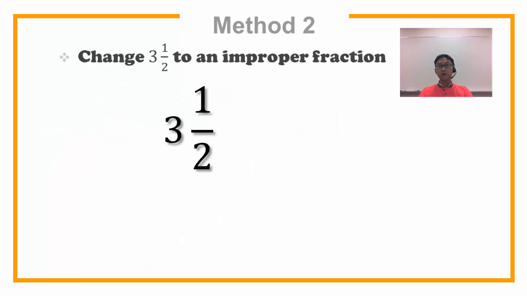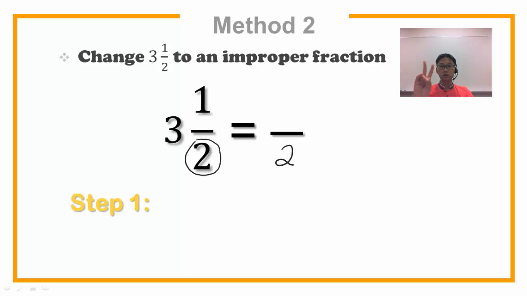Now the second method will be a faster method. So let's see how I change 3 1/2, the same problem again, to an improper fraction. I know that my answer will be a fraction, so let me draw the fraction bar there. My denominator, which is 2, will remain the same. So let me put down my denominator. What I'm looking for now is my numerator. To find my numerator, there are 2 steps.